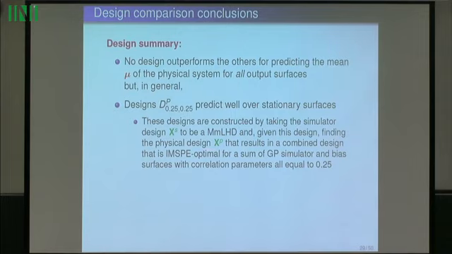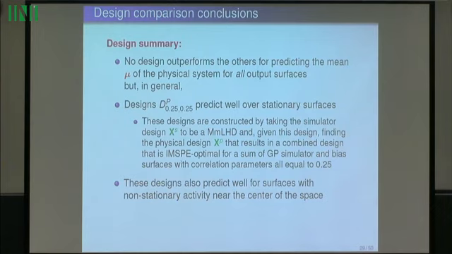We optimized over the physical design, and we took the design that was good for predicting a surface that was like a sum of 2 GP surfaces, one for the simulator, one for the bias, when all the parameters for the correlation were set to 0.25.